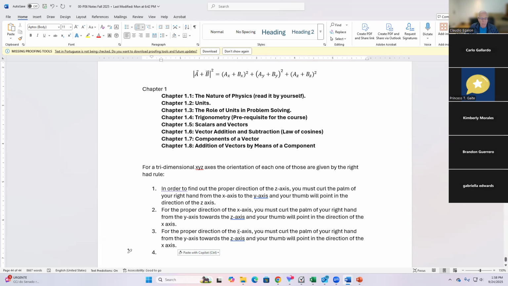For the proper direction of the y-axis, you must curl. Let me see if I did it right. Oh, I didn't do it right. For the proper direction of the x-axis, you must curl from the y-axis toward the z-axis. Okay.